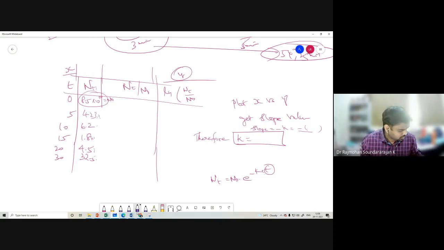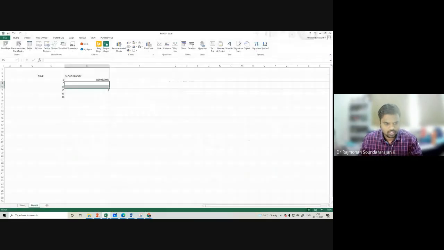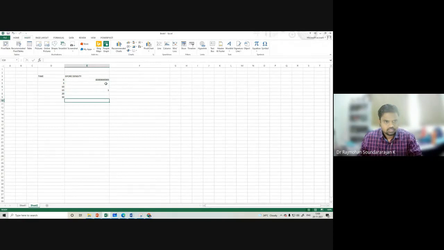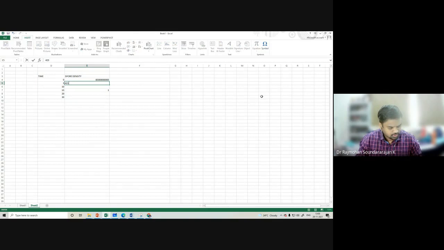4.23 into 10 power 9, 6.2 into 10 power 7, 1.8 into 10 power 6, 4.5 into 10 power 4, and 32.5 is simple. Accordingly you have to enter the data. So entering data here: 4.23 is 423, 2 digits gone, remaining 7 zeros.